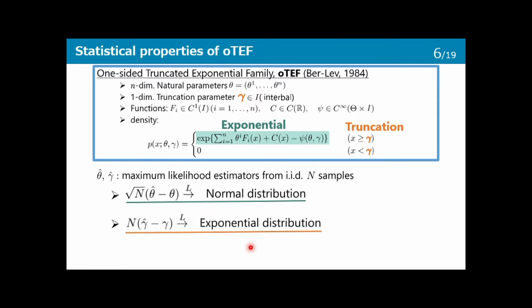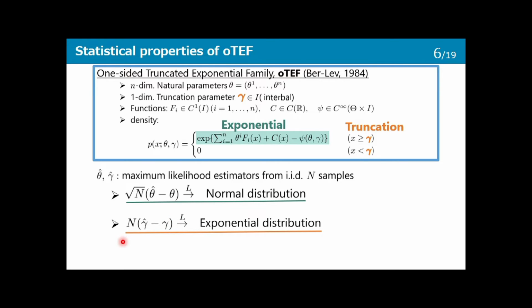Next, let us see the statistical properties. Suppose theta hat and gamma hat are maximum likelihood estimators from n samples. In this case, root n times (theta hat minus theta) converges to a normal distribution, just like regular cases.